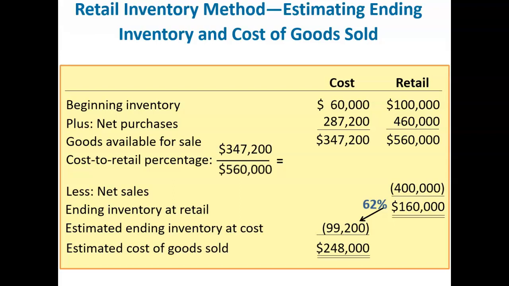This is one reason why the retail inventory method is allowed for annual financial reporting purposes. Even though the retail method provides a fairly accurate estimate, a physical count of inventory is performed at least once a year to verify accuracy and detect spoilage, theft, or other irregularities.